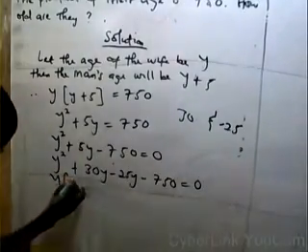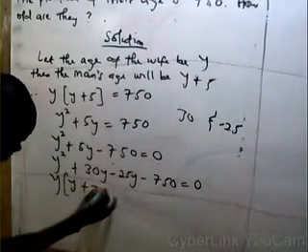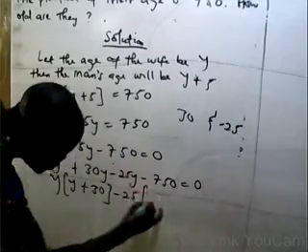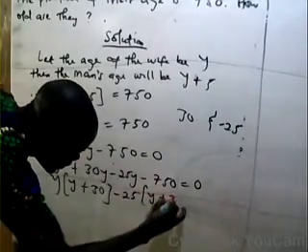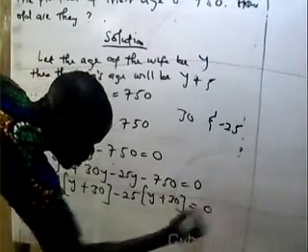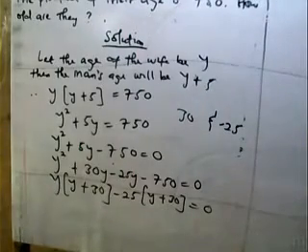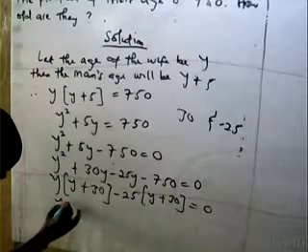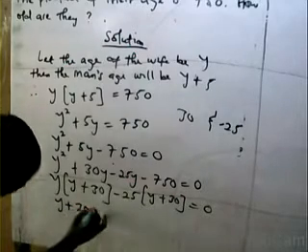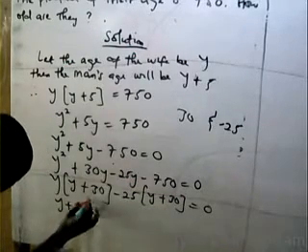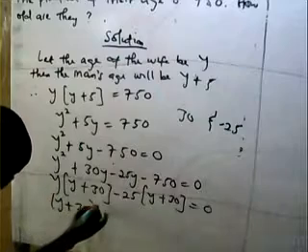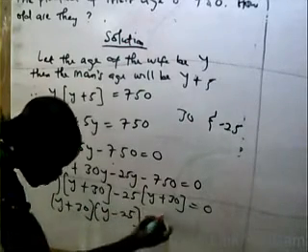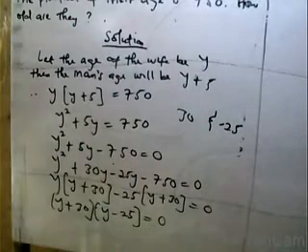From there you have y into bracket y plus 30, minus 25 into bracket y plus 30, everything equals 0. So you have y plus 30 into bracket y minus 25 equals 0.